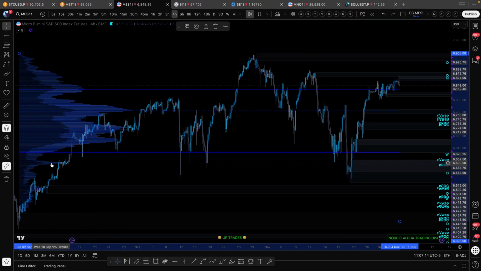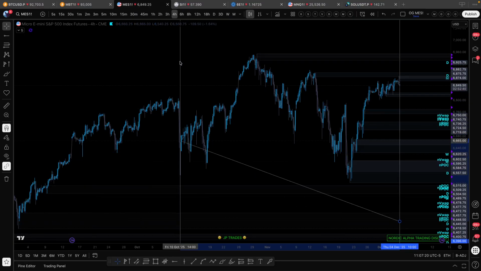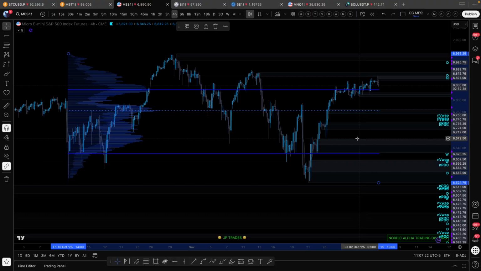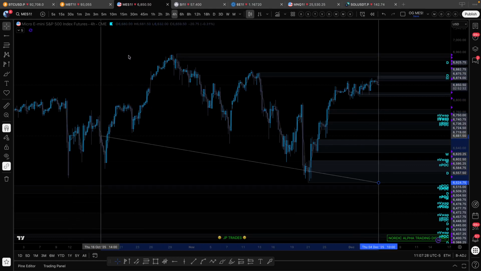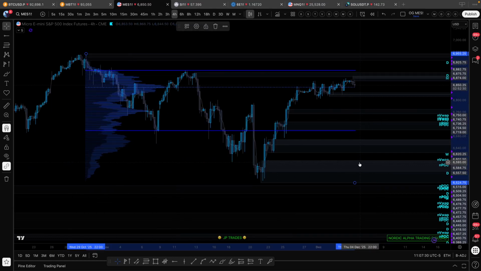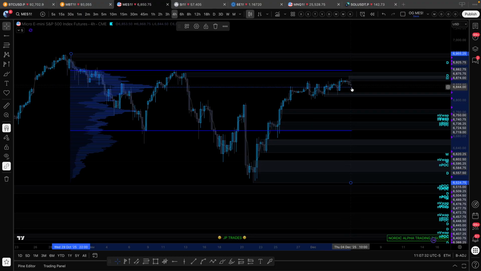And you do have high volume right here below value. So let's take this a little bit more local and continue to look at these areas. See the value area low here. And then let's pull it from the top. So we see that we're trying to break through point of control now from your high all the way through to current structure.